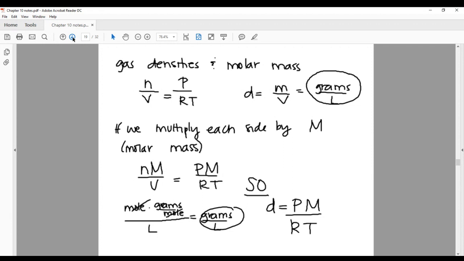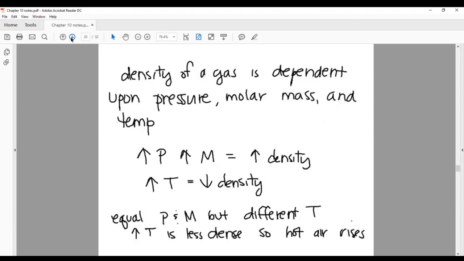So density is equal to pressure times molar mass divided by R times temperature. I just extrapolated that equation from the ideal gas equation by multiplying both sides by molar mass.